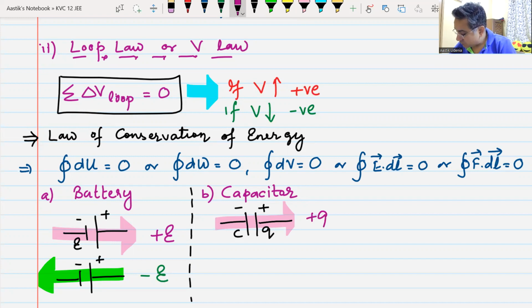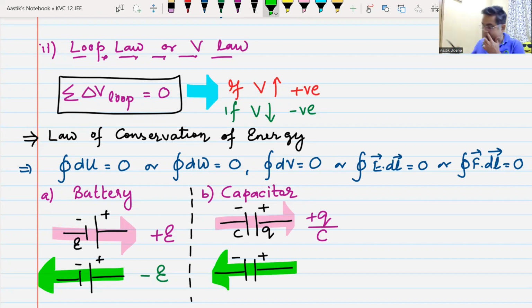Plus Q by C. So it will be taken as plus Q by C in this case. Now, if I take the same thing in the reverse sense, when I move from the positive terminal to the negative terminal like this, the same thing would be taken as minus Q by C. These are the only two formulas that we have studied in the entire chapter.